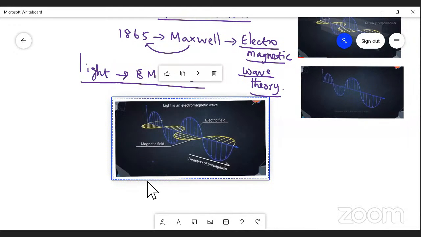So light is an electromagnetic wave, consists of vibrations of electric field and vibrations of magnetic field.